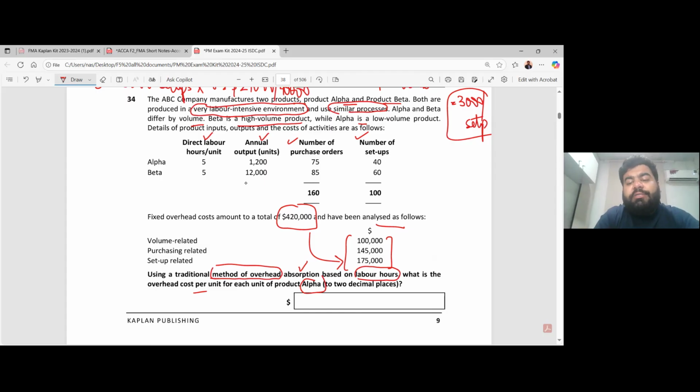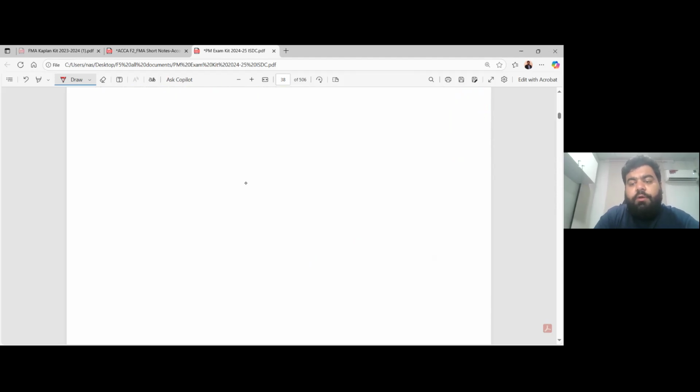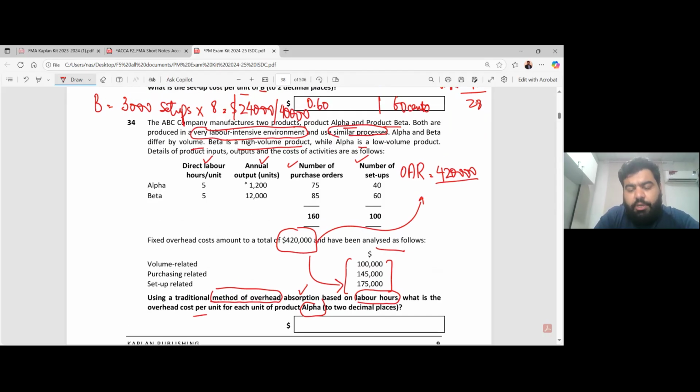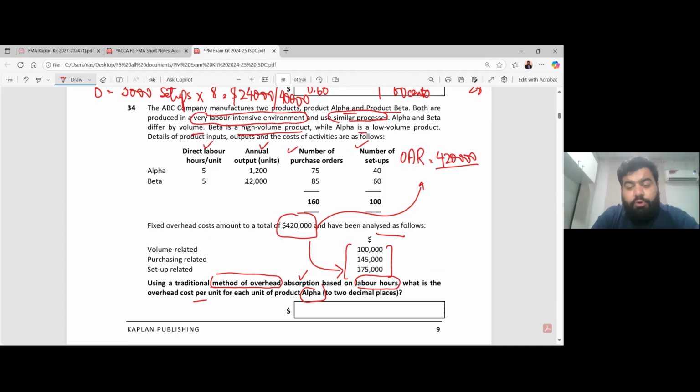Okay, let us calculate it. OAR: first, budgeted overheads. We have to use the total overheads right now because it's not ABC. For 20,000 total overhead, divided by total base. Let us calculate the total base. Total base is labor hours. We have labor hours per unit. So multiply by units: 1,200 into 5, 6,000, and 12,000 into 5, 60,000.